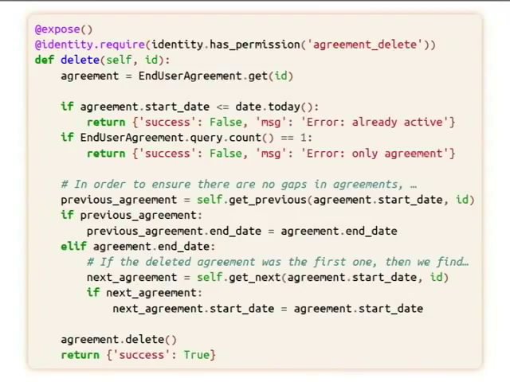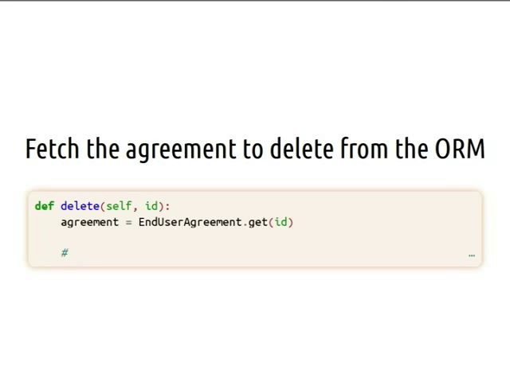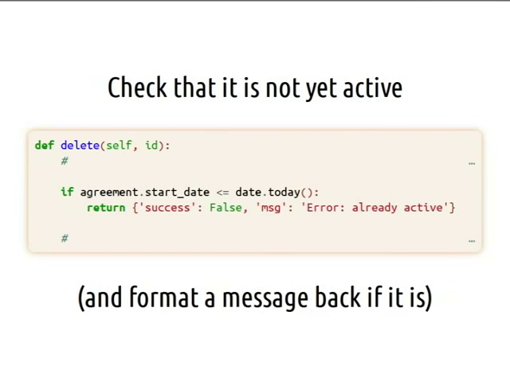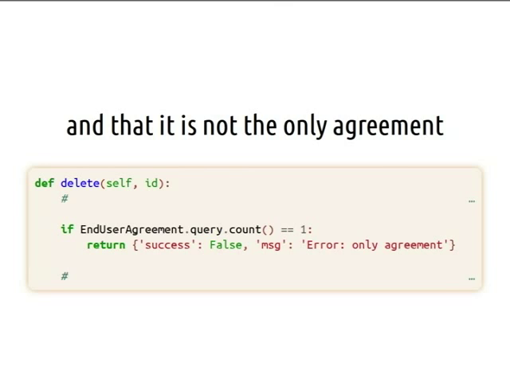This is the delete endpoint for an end-user agreement. And there are a couple of rules. First, you give me an ID, I fetch the corresponding agreement out of the ORM. So get it out of the database. Check that it's not yet active, and format a message back if it is. So I can't delete an active agreement, and I can't delete the only agreement that's in the system.